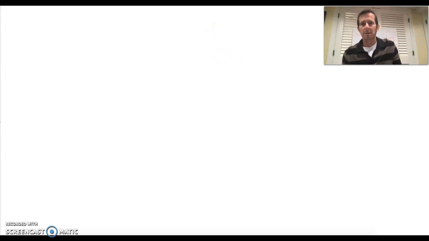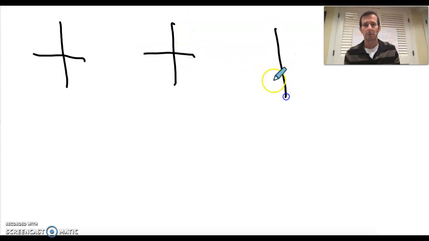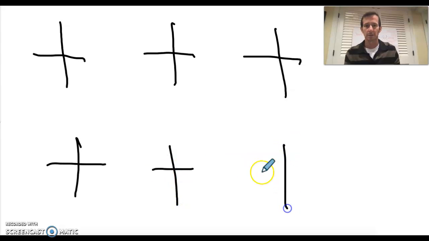Next topic is talking about the power function graphs and being able to recognize which ones match which. In general, we have 6 of them, so I'm going to draw all 6. 1, 2, 3, 4, 5, 6. I don't think I have 6 colors, but we'll start with this.